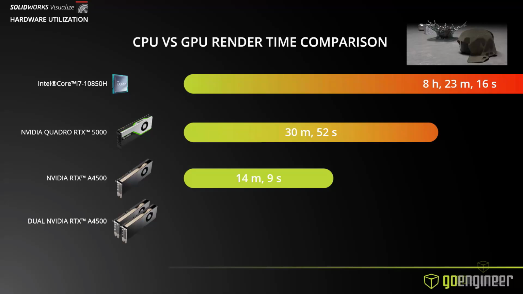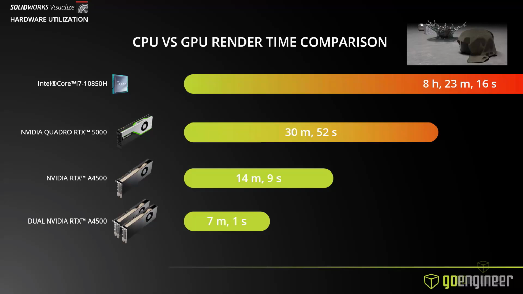Now, if you have a computer that can utilize multiple GPUs, SOLIDWORKS Visualize can take advantage of multiple GPUs. And when you have multiple GPUs, it's basically going to pool together the CUDA cores, the ray tracing cores, and the tensor cores that you're going to find on newer NVIDIA GPUs. When I'm rendering this with a dual NVIDIA RTX A4500, this image was rendered in 7 minutes and 1 second.